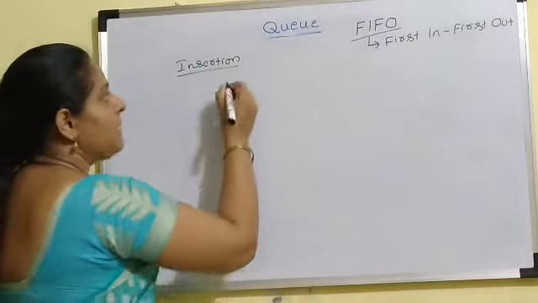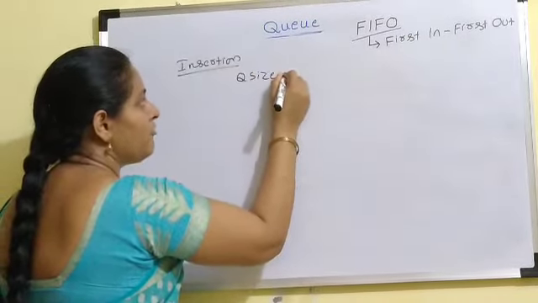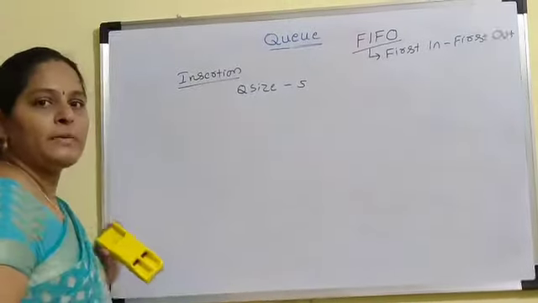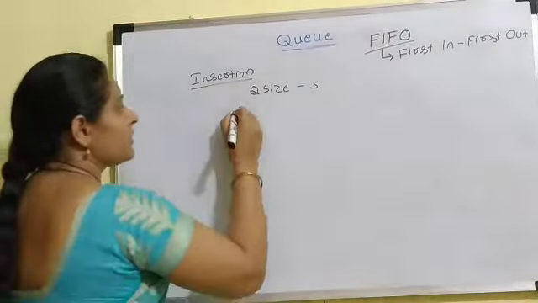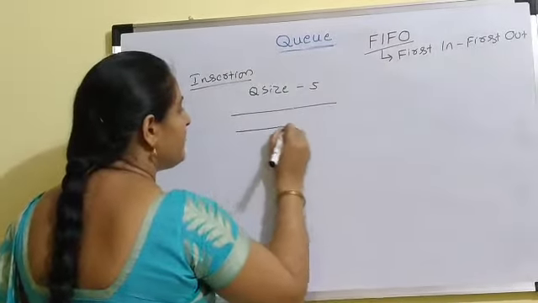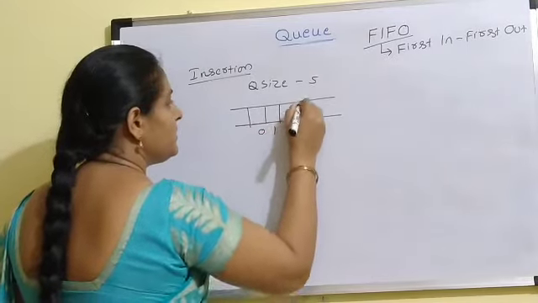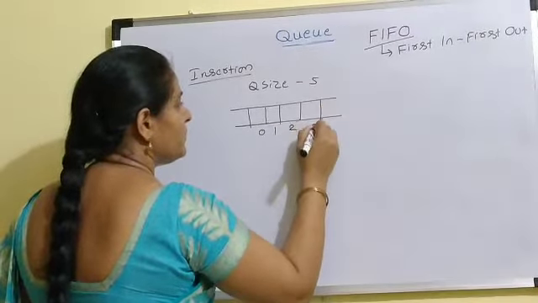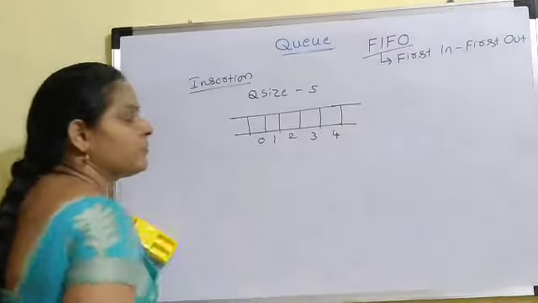Just assume that my queue size is 5. That means 5 elements we can insert into the queue. So here my queue size is 5: positions 0, 1, 2, 3 and 4.